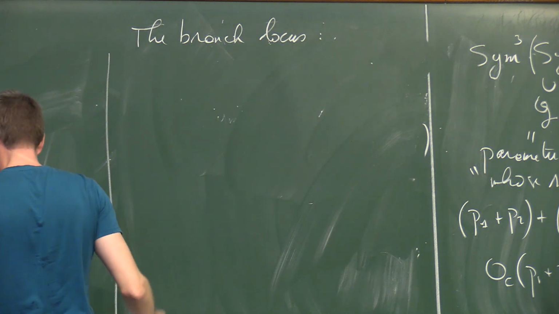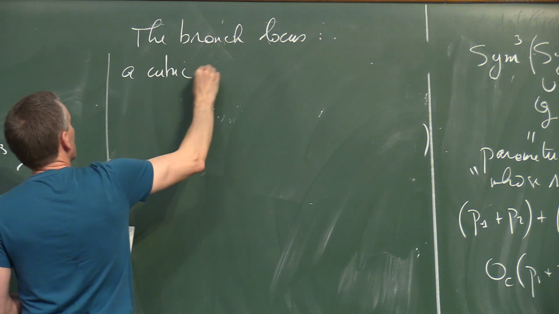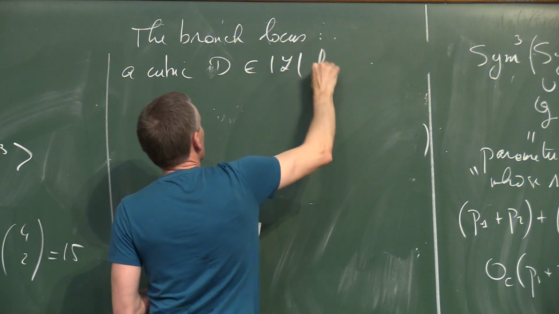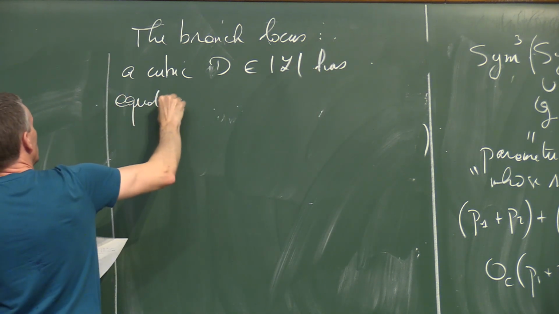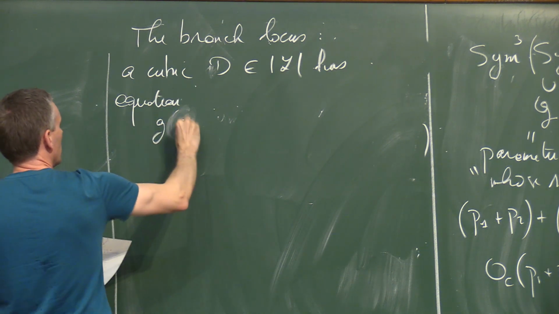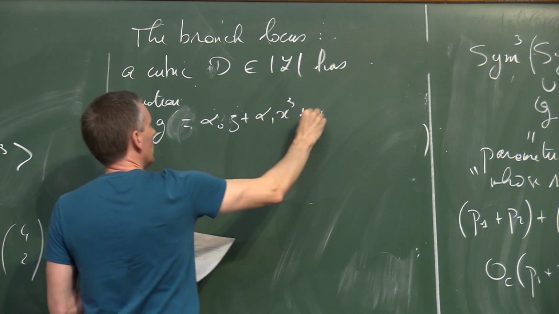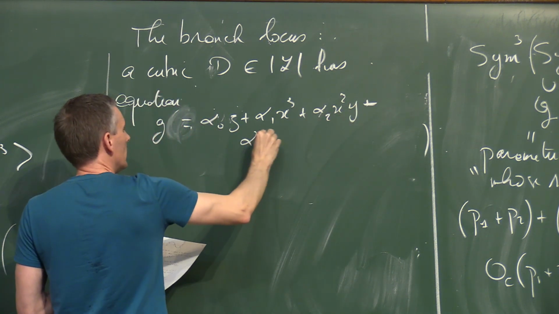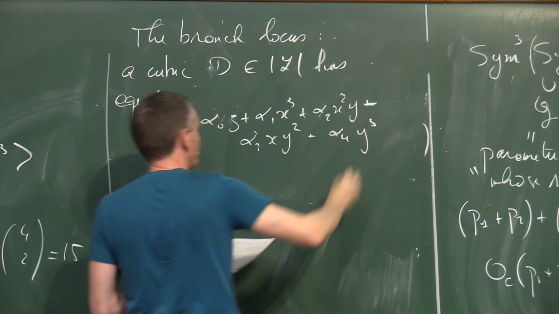So the branch locus, the equation of a cubic D, it has an equation something like G, forget the variables, alpha 0 z plus alpha 1 x^3 plus alpha 2 x^2 y plus alpha 3 xy^2 plus alpha 4 y^3.